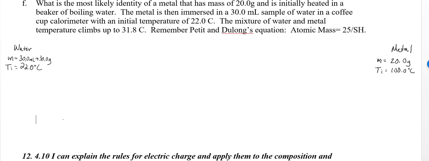What does that tell you? That's the final temperature of the water and the metal. Remember, folks, the temperature of the water will keep increasing until it meets up with the temperature of the metal.